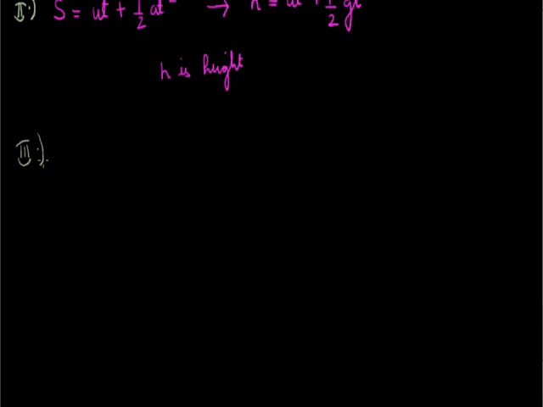And the last, that is the third equation of motion, is v square equals u square plus 2as.